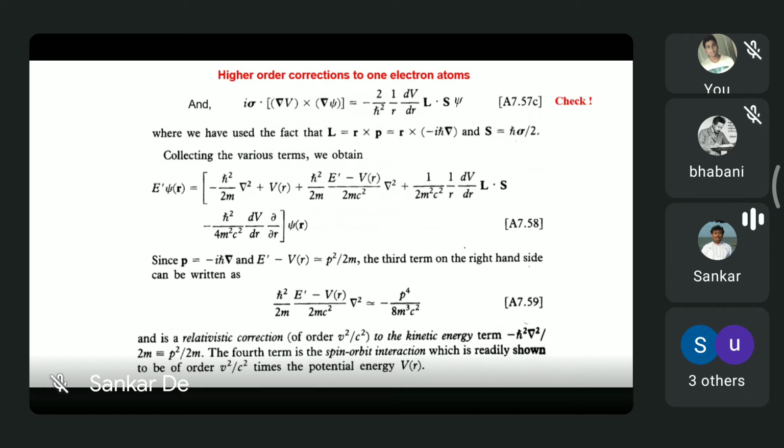If we define L equal to r cross p, or r cross minus i h bar grad, we can put that here, because we have a minus i h bar grad, this we can write as L, and then S we know as h bar sigma by 2, which we can put as the S operator. So we can define the L operator and the S operator and psi. I would say check this once more. Sir, one second.